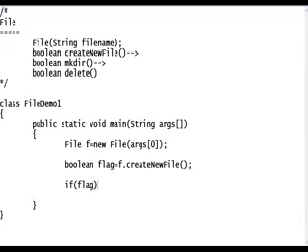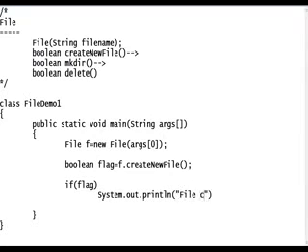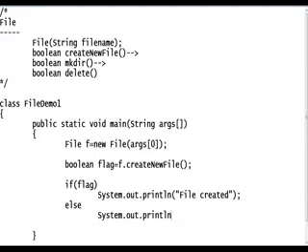If the flag is true, then we write System.out.println, file created. Else I want to display the message System.out.println, file creation error.